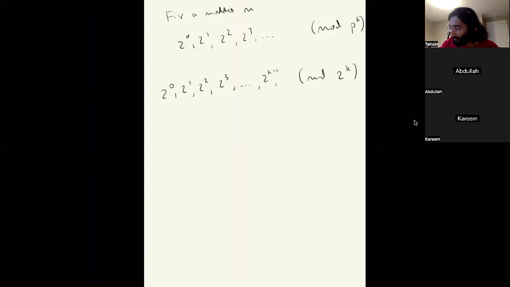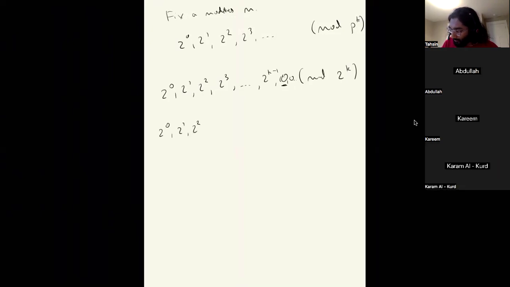It'll eventually become 0, which is okay. It'll eventually just repeat 0 over and over again. But if I consider any other prime, mod p to the k, now it will really repeat from the beginning. There will be some 2 to the d which is congruent to 2 to the 0, and then it will repeat.